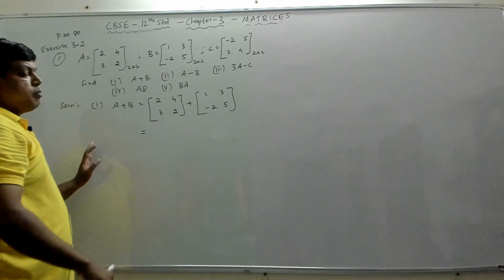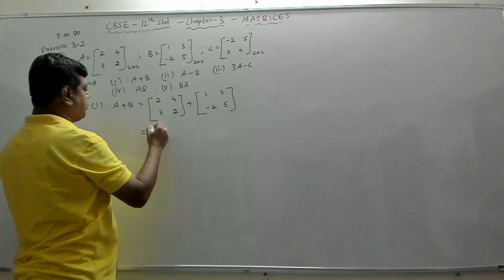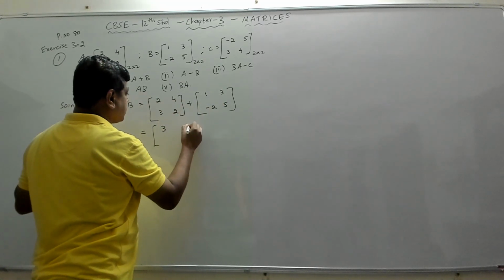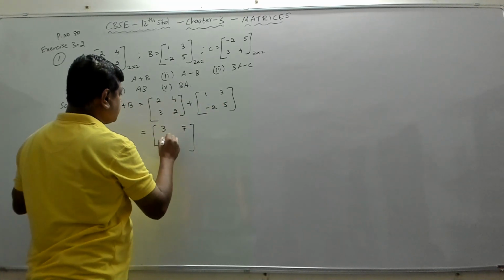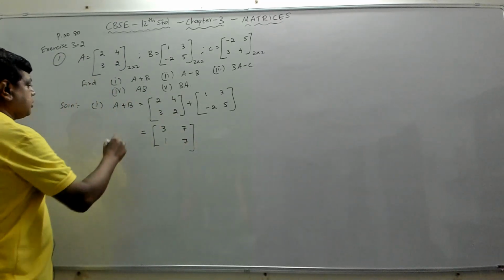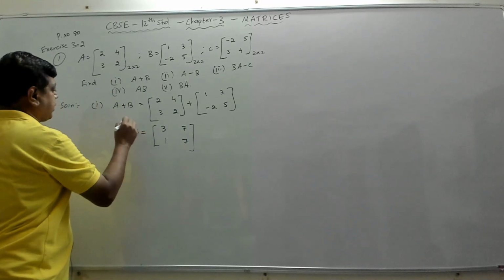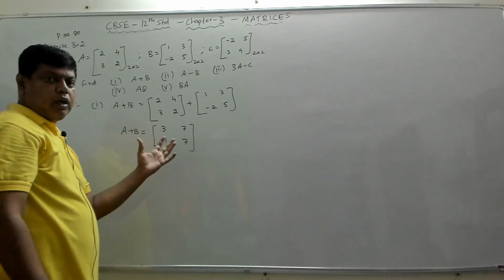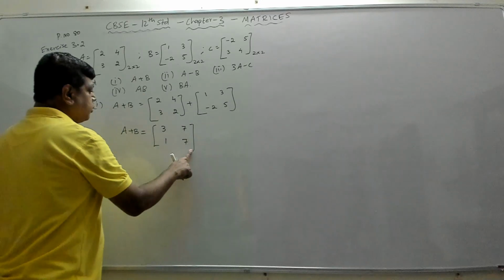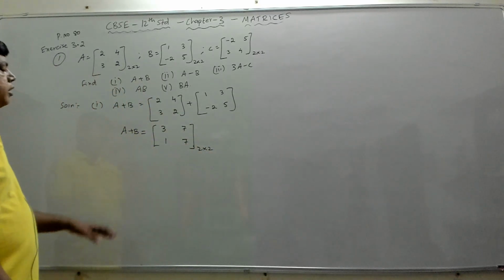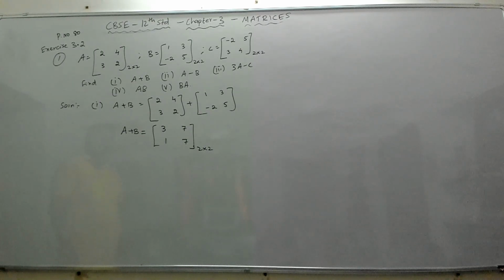Here we need to find A plus B, so we'll add the corresponding elements. So 2 plus 1 is 3, 4 plus 3 is 7, 3 minus 2 is 1, 2 plus 5 is 7. So this is your A plus B matrix. Of course, the order of A plus B will also be 2 cross 2.